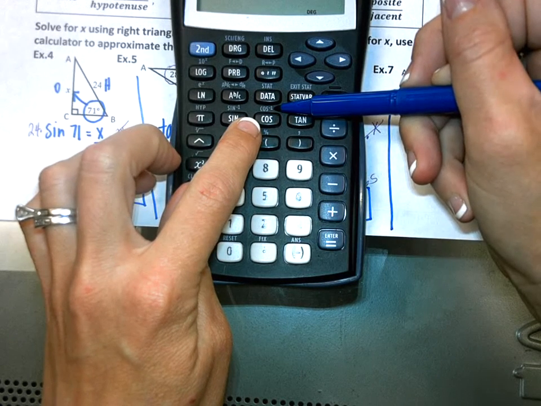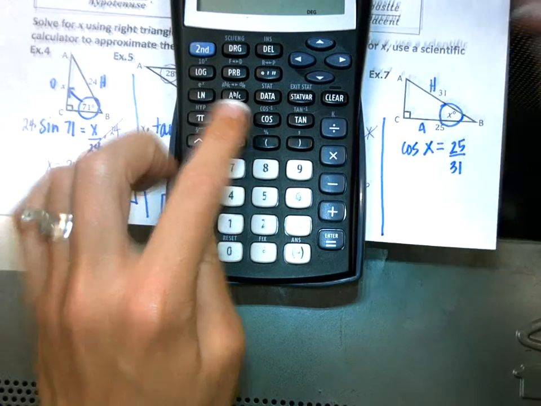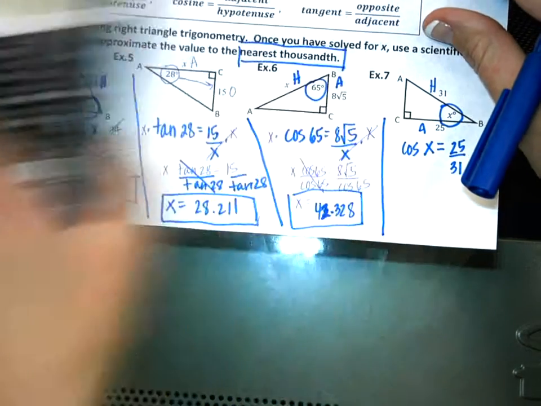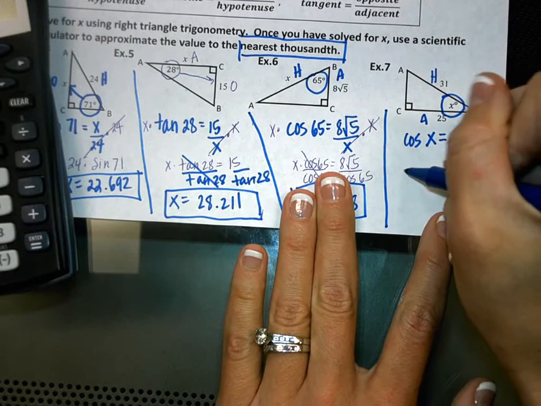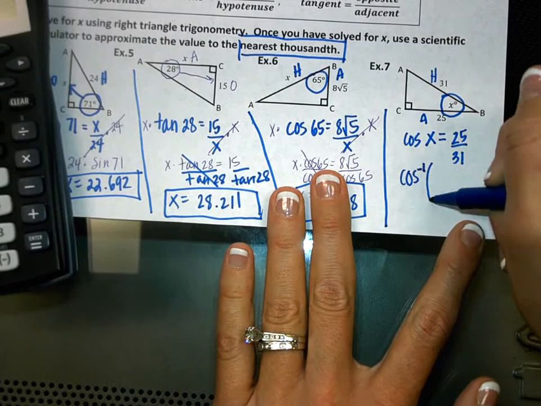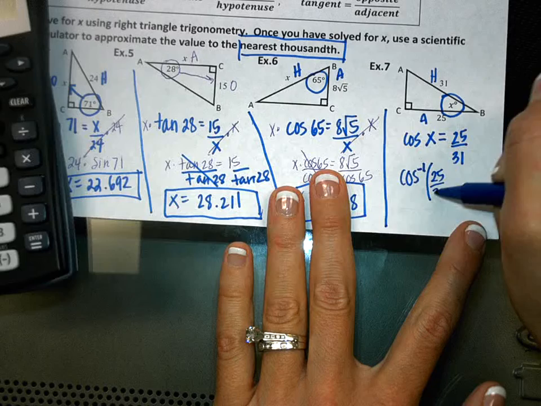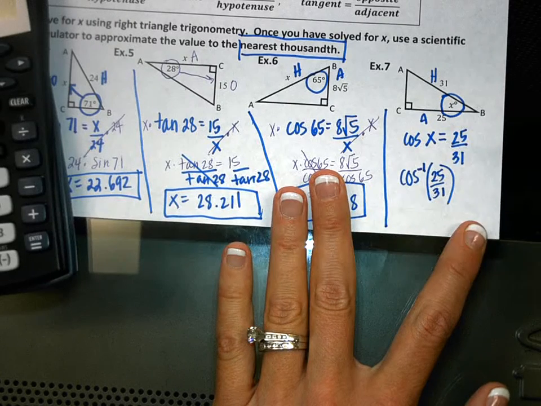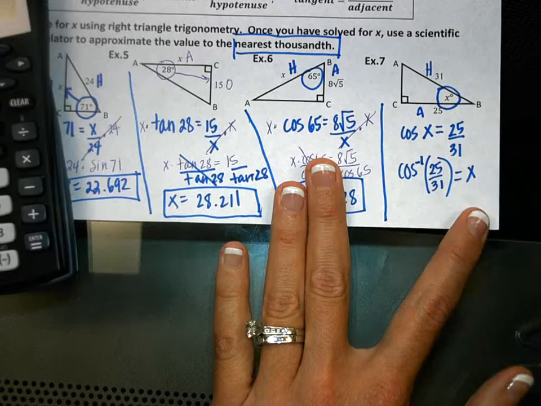That's what you use for finding your inverse, for finding the actual degrees. And so what you're going to do, and I'm going to write it how you type it into your calculator here, is type in cosine to -1, and then I'd use parentheses for 25 divided by 31, so I can make that into a decimal, and that will equal x. That will end up equaling your degrees.